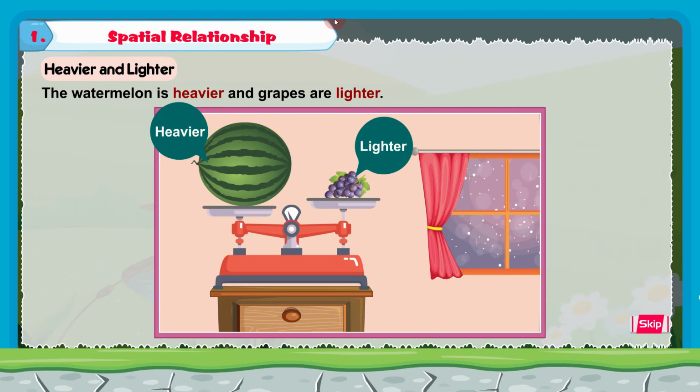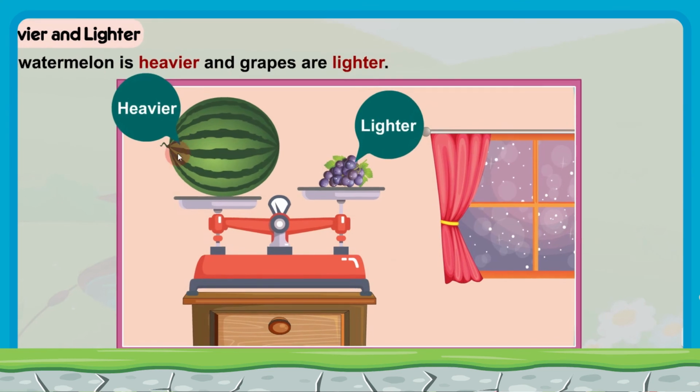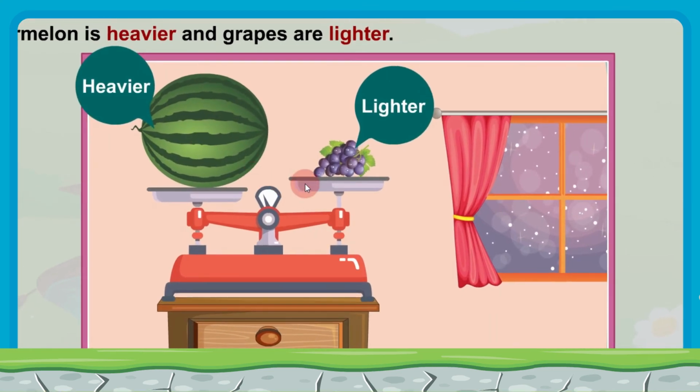Children, the next topic here is heavier and lighter. The chapter's name is spatial relationship. We have the next topic, heavier and lighter. In this picture, you can see this is a watermelon and these are the grapes.